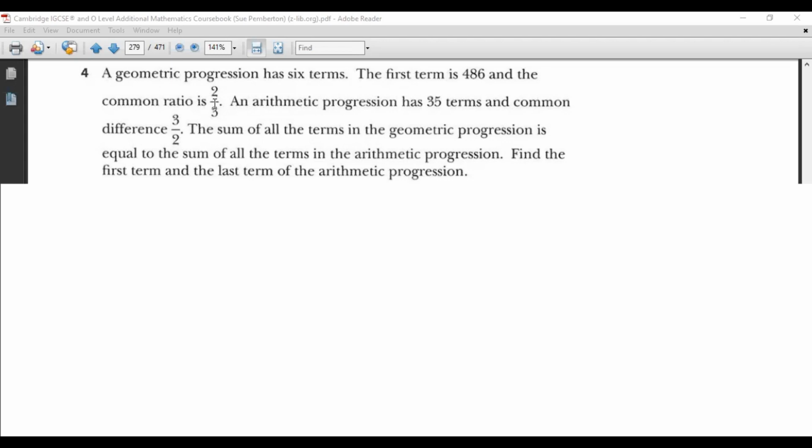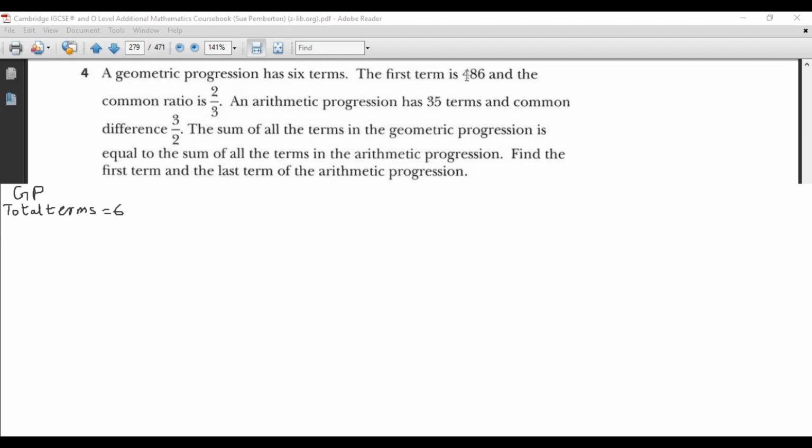they are saying that in a GP, they are first giving us that the total number of terms is 6. Okay.